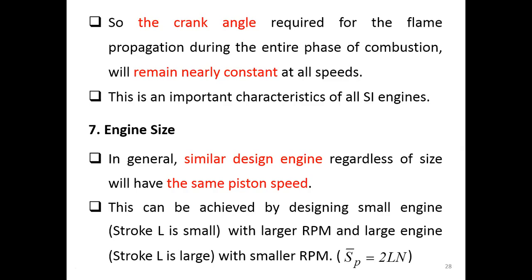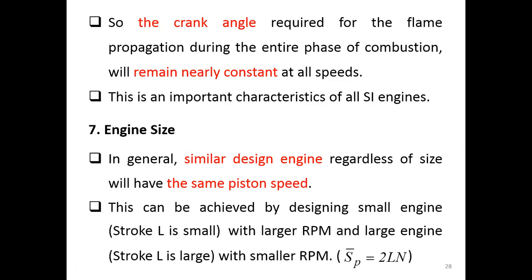The amount of crank angle required for the flame to travel during the entire phase of combustion remains nearly constant for every speed for the same engine, because for the same engine you have the same cylinders.